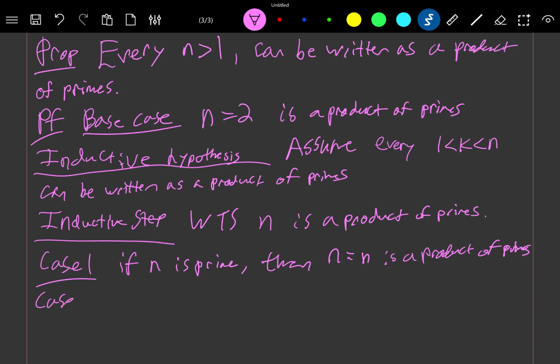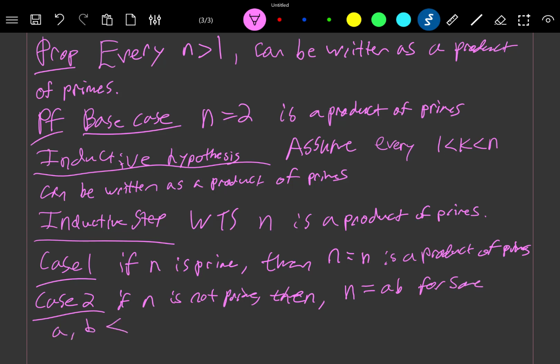And case 2, if n is not prime, then n is equal to a times b for some a and b between 1 and n. So by the inductive hypothesis, a and b are a product of primes.